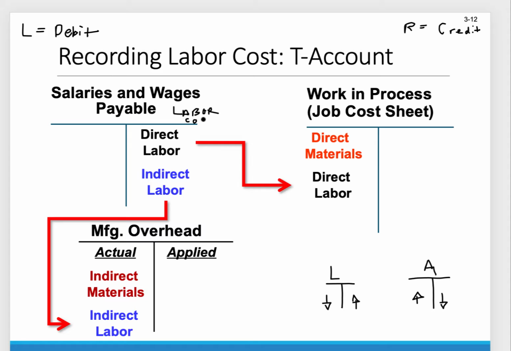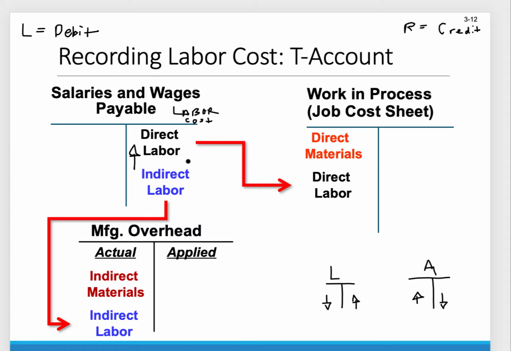Now remember, all direct costs flow to WIP, all indirect costs flow to manufacturing overhead. So what happens? Well, people do work. We need to pay them, right? Well, we're not going to pay them now, we'll pay them down the road. So we establish a liability. So we have a credit to increase our payables, showing that we have incurred labor costs.